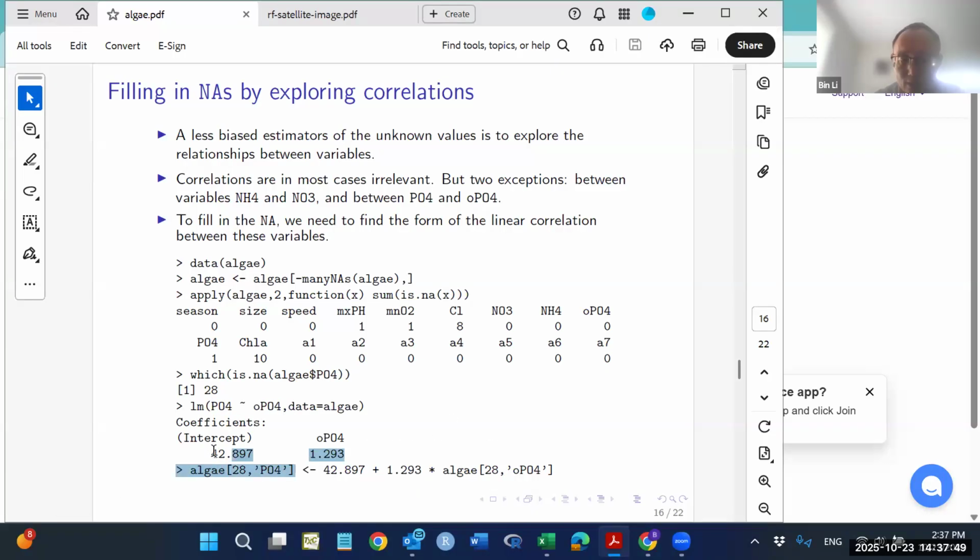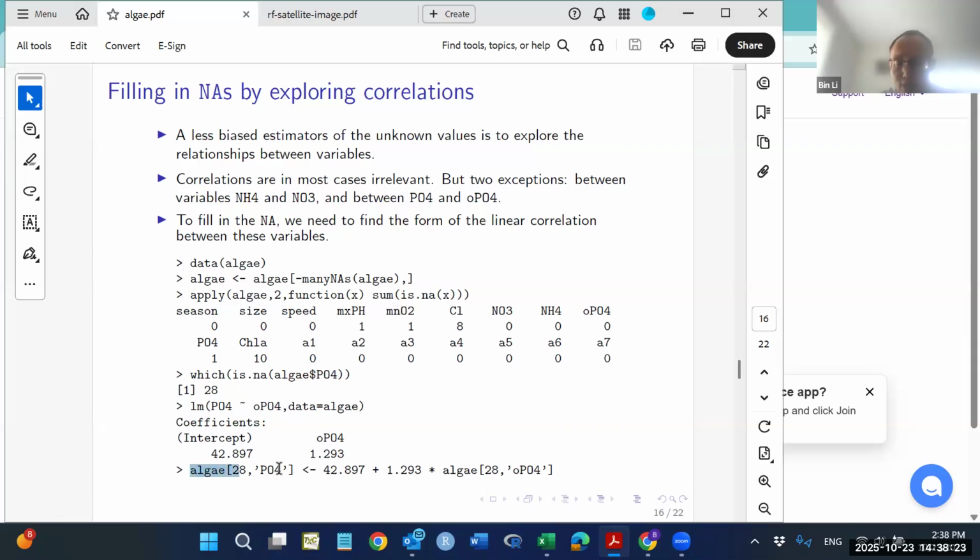You can see that's the intercept, that's the slope. And then we have one missing value, and that's the 28th observation. Since we do have the OPO4 readings for this observation, what I'm doing here is just plugging in this formula: the intercept, 42, plus the slope times the OPO4 reading for that observation.